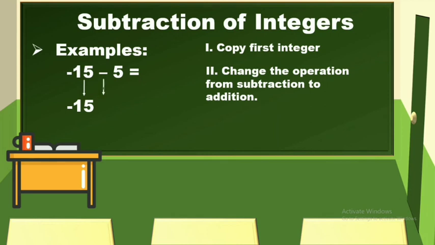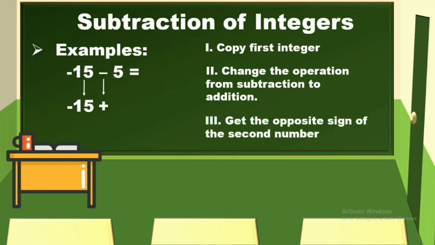So from minus, we will change it to plus. Are you following? And the last is get the opposite sign of the second number, which is the subtrahend. Since the second number is positive 5, we will change that to negative 5. Now we can proceed to addition rules.